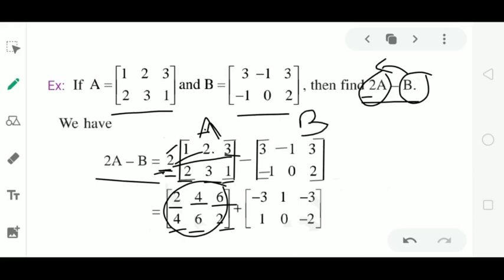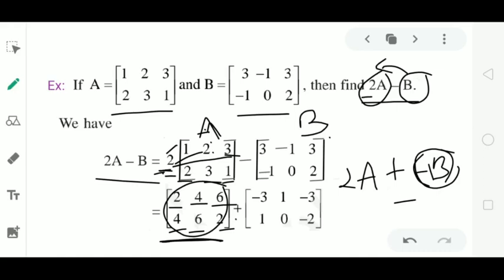Now we have to find 2A minus B, that is we have to subtract each element of matrix B from the corresponding element of matrix 2A, or we can also write this as 2A plus of minus B. Plus into minus is minus, and here minus B represents the negative of matrix B. The negative of a matrix B is nothing but changing the sign of each element of matrix B. So here I have written matrix 2A plus of minus B, that is plus 3 will become minus 3, minus 1 will become plus 1, plus 3 will be minus 3, minus 1 will be plus 1, 0 as it is, plus 2 is minus 2.